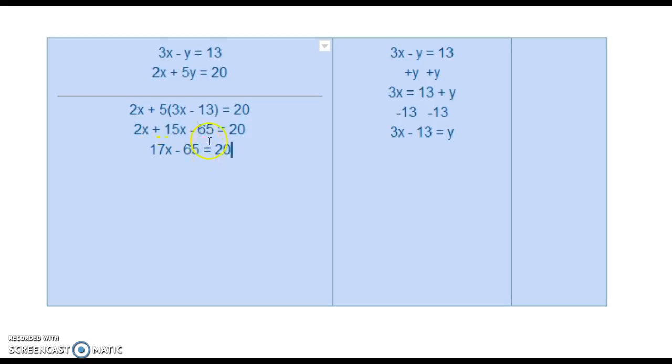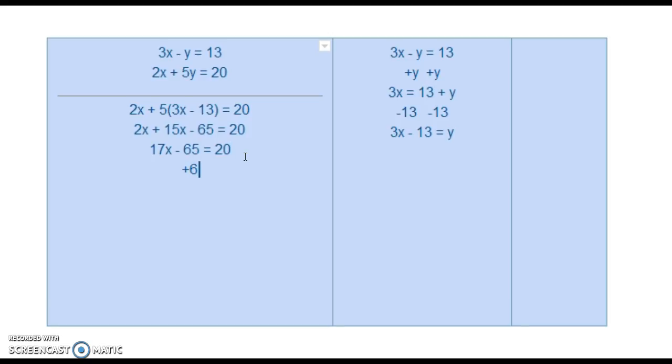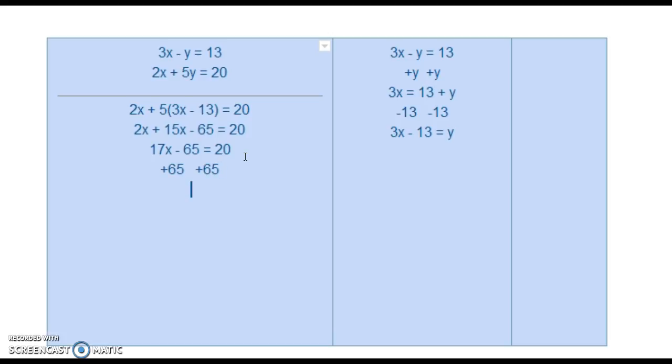And then I'm going to bring this negative 65 over to the other side of the equation. Since it's being subtracted, I'm going to add 65 to both sides of our equation. From there, this will get us 17x equals, and 20 plus 65 is going to get us 85.